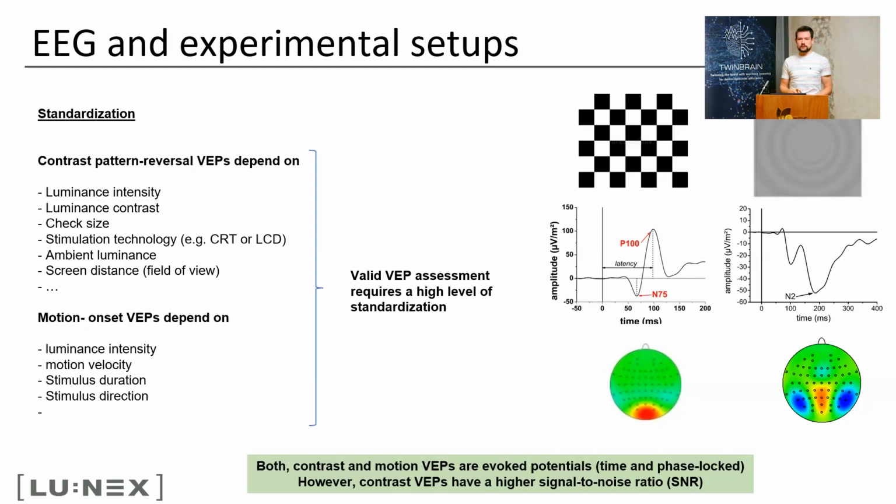Unfortunately, there are no recommendations for this motion stimulus. Typically, we use around 150 to 200 stimuli just to be on the safe side, and with that the signal to noise ratio is sufficient. With the contrast, it is easier. You need fewer stimuli, and it is also faster in conducting the experiment.